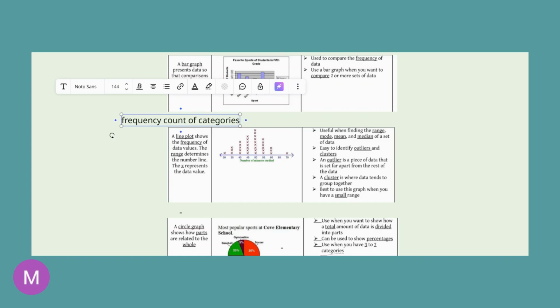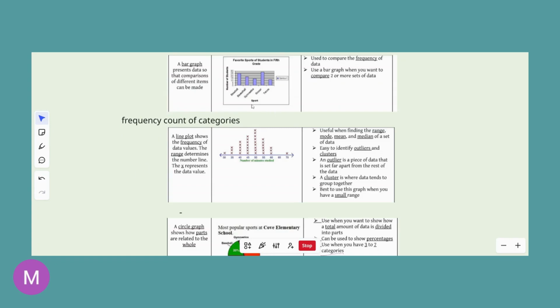So you can see with your example here that we are looking at favorite sports amongst these fifth graders, and we have categories around the bottom, and up the top would be the number of votes that each of those sports got. So that would be your frequency count, and then the categories along the bottom.